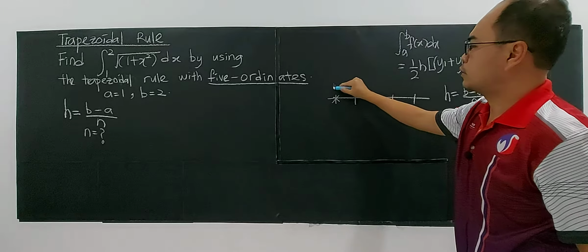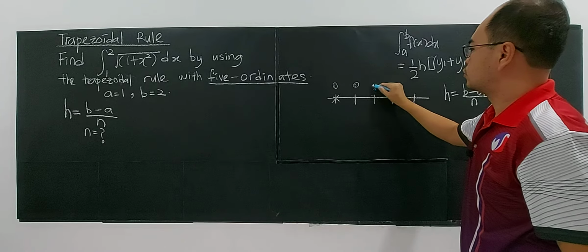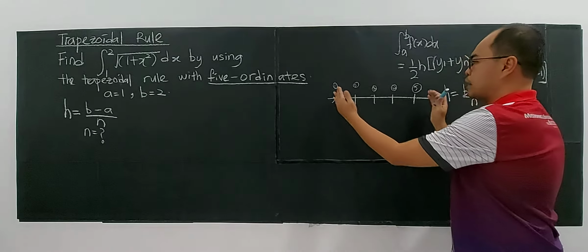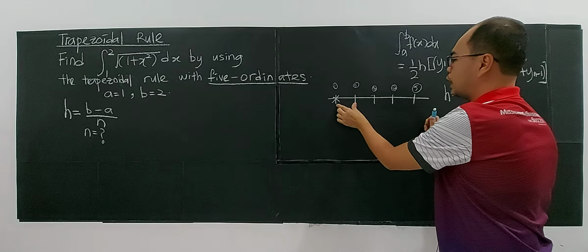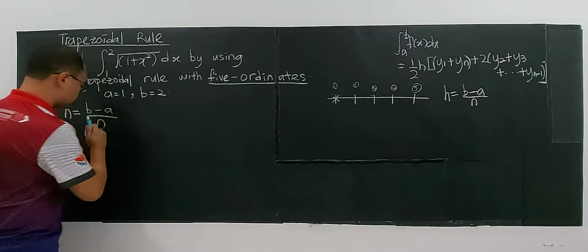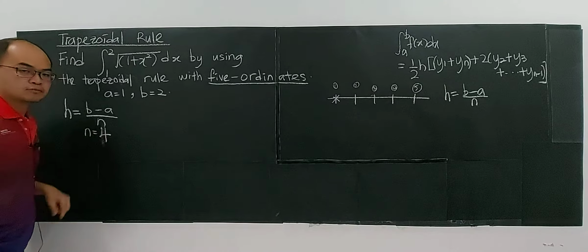Among these 5 ordinates, we have 1, 2, 3, 4, so we have 4 intervals.